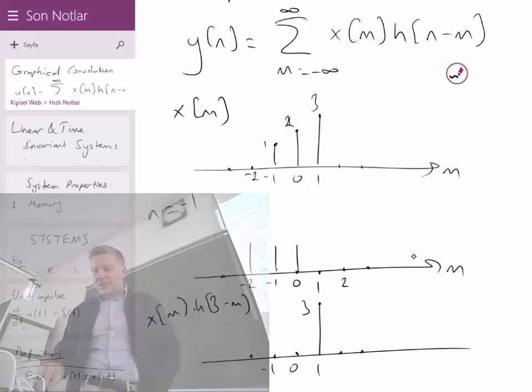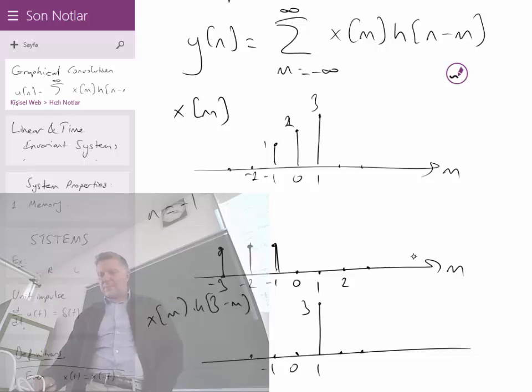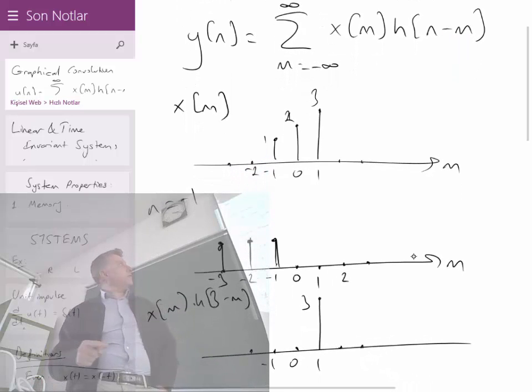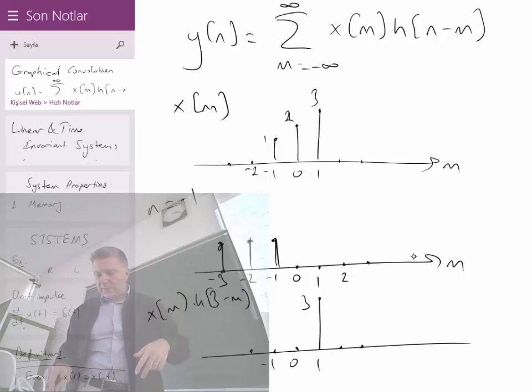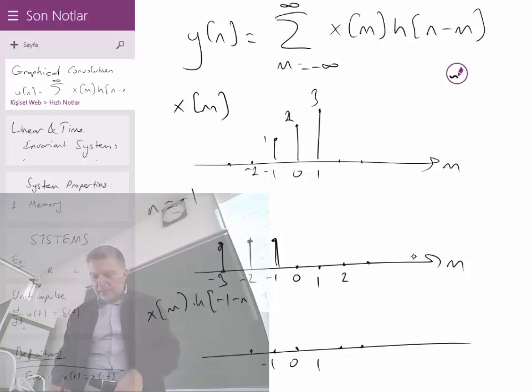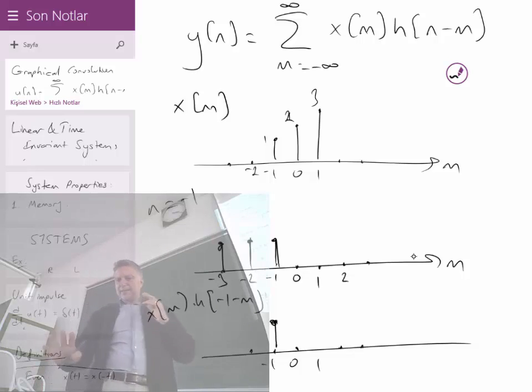It further shifts towards left. So it's this. Just once at minus 3, minus 2, minus 1. Okay? And unfortunately, as you see, there is an overlap with the top x of m shape. When you cross multiply these things, it will give you 1 here, and all the others are 0.